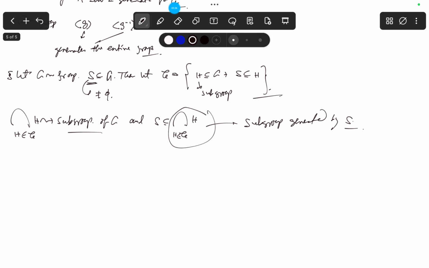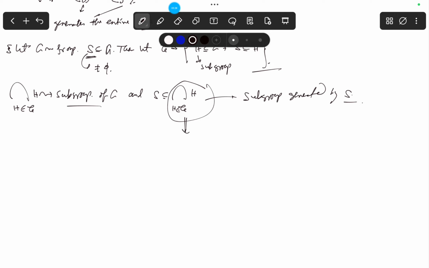Okay, so that means more precisely this is the smallest subgroup of G that contains S as a subset.